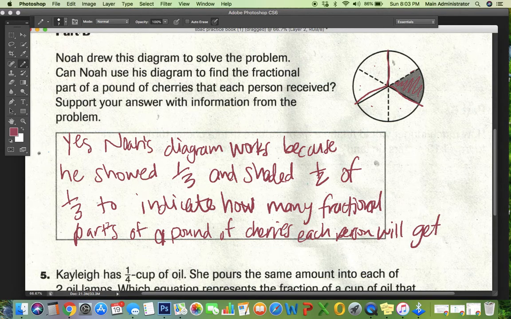My answer is 1/6, right? That's what I got up above, and that shows 1/6. So I think that this works.